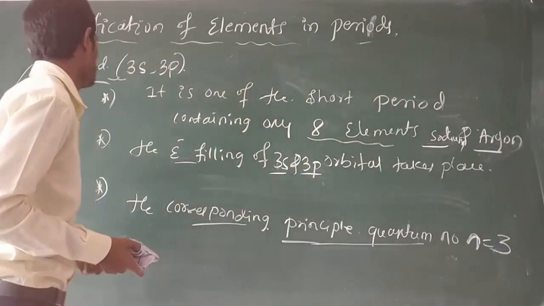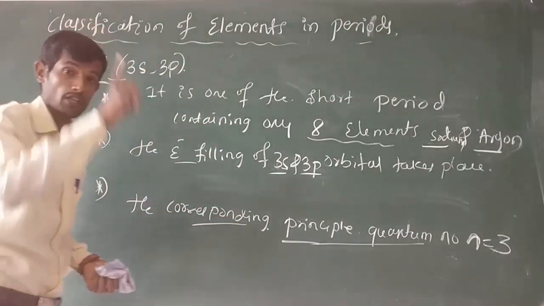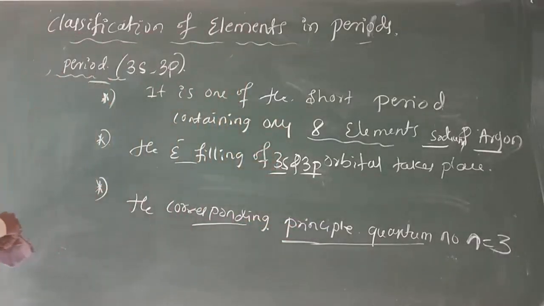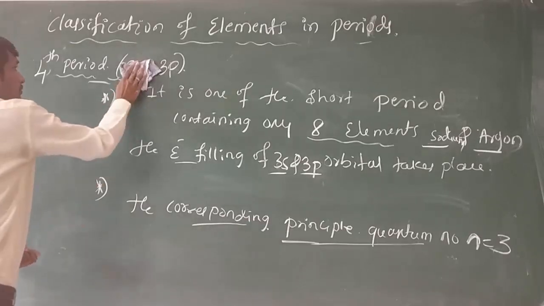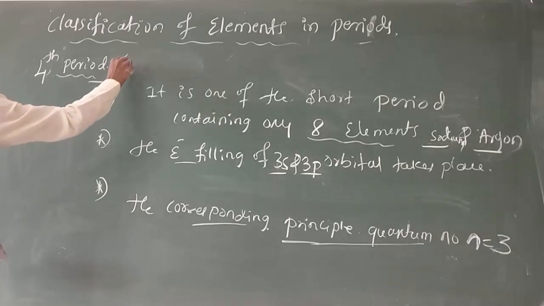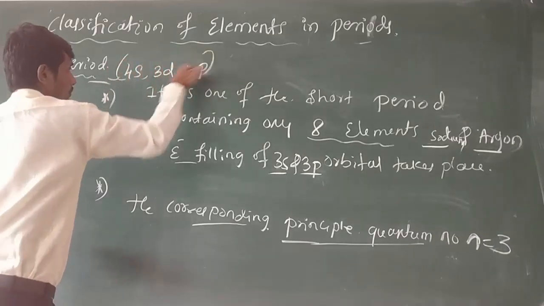Next, come to the point of fourth period. How many periods are present in the periodic table? You already know there are 7 periods. Yes, fourth period. In presence of fourth period, there are 3 types of orbitals: 4s, 3d, 4p orbitals.